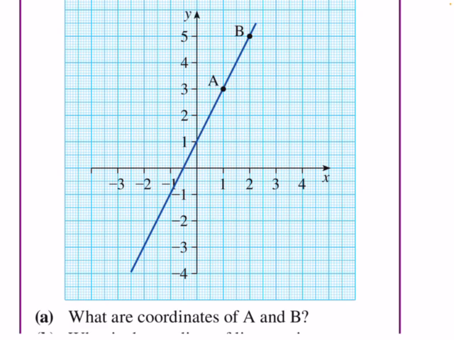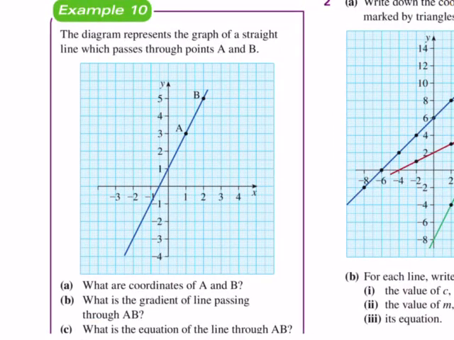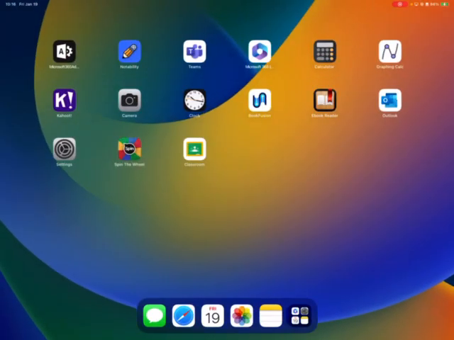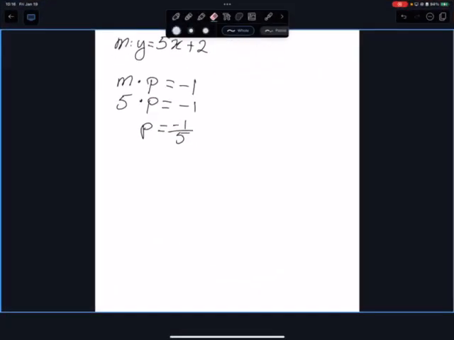Look at B, and look all the way at the bottom. -4. Negative 2.5. Looking at x values. Is that -2.5? Where do you see the 2.5? See, you can do that.